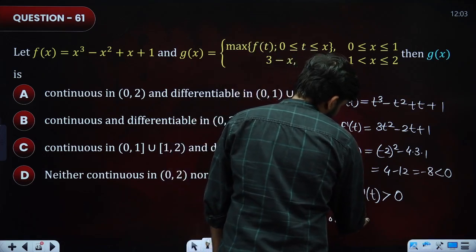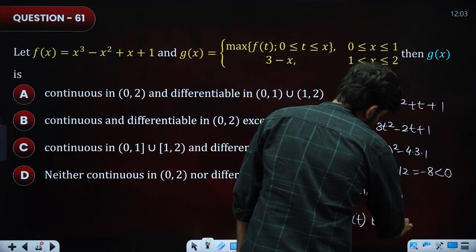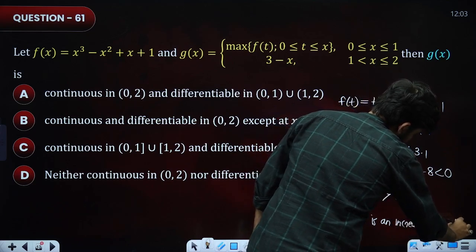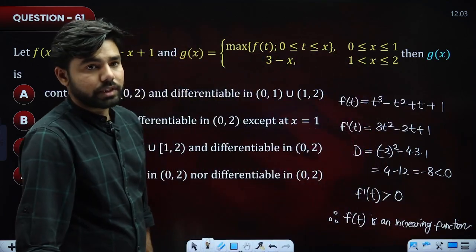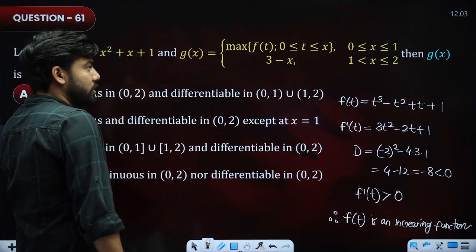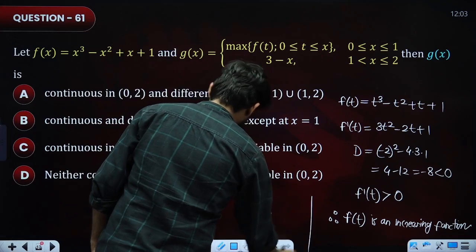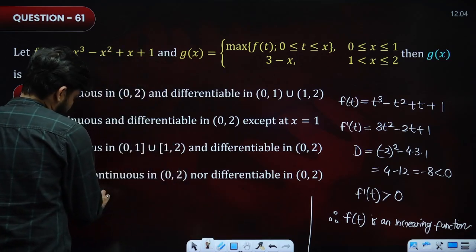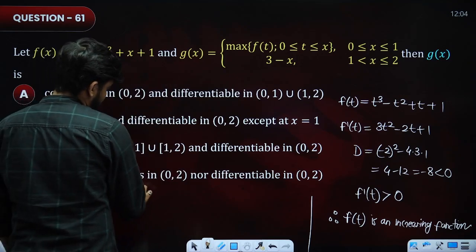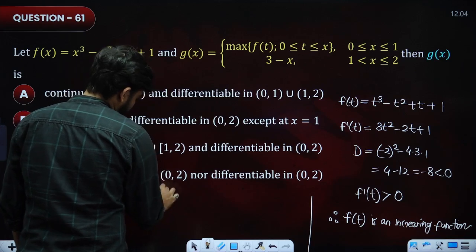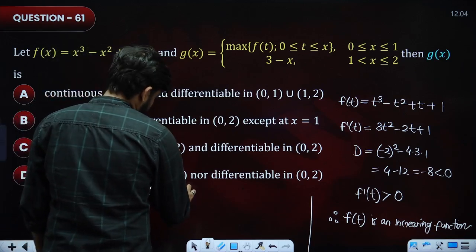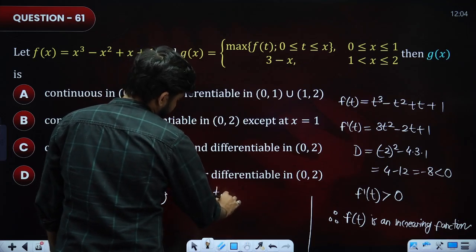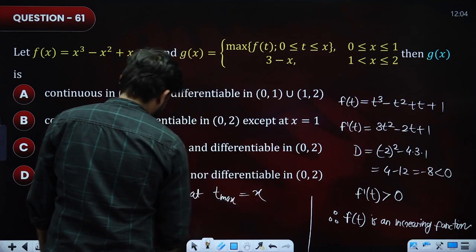Therefore, we can say that f of t is an increasing function, and because it is an increasing function, the maximum value of f of t is at the maximum of t, and it is equal to x.